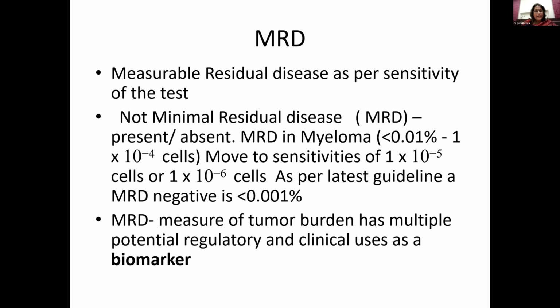But as per the latest guideline, with newer drugs like upfront daratumumab and carfilzomib, as Dr. Deepika told you, first line therapy, though in India the majority of our patients may not be able to afford it, the MRD guidelines say it should be less than 0.001%. Now, MRD is a good biomarker. Next slide.